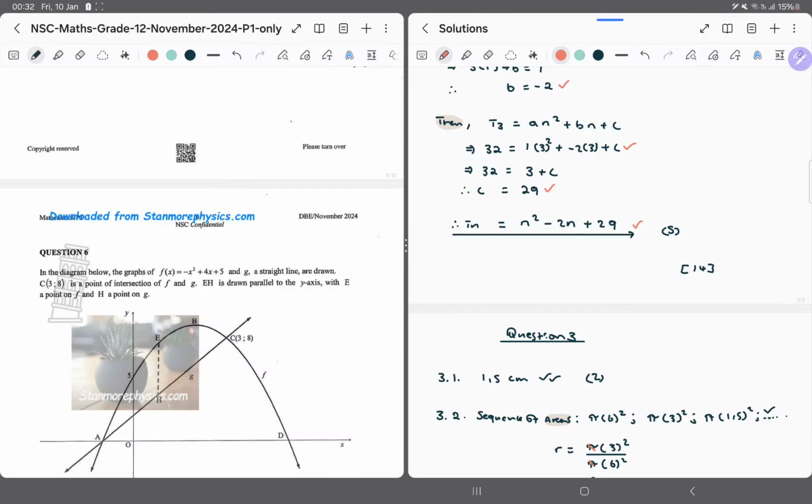Now one may ask, which term would give us a maximum value of this sequence? But if you think about it, this is a quadratic equation. So this means it's the value at the turning point. So we want the axis of symmetry. That means n is on the x-axis, but now we adapt that to the n-axis. So if you get that in your mind, I promise you, it becomes easy to answer these questions.